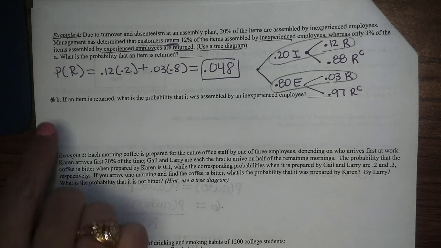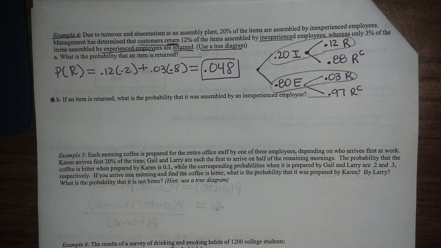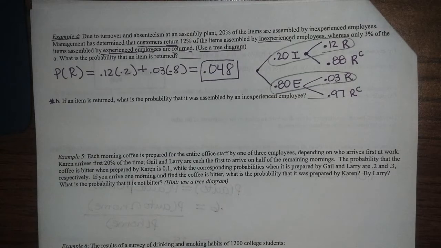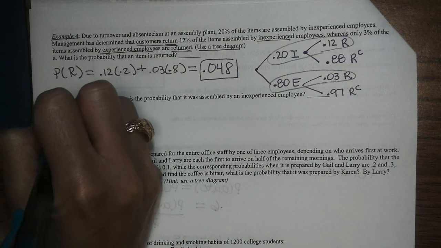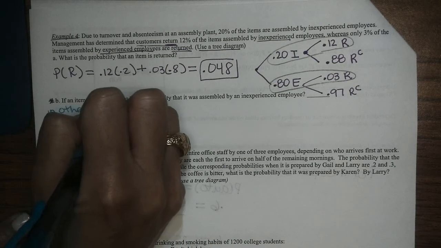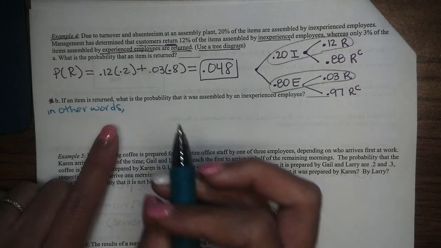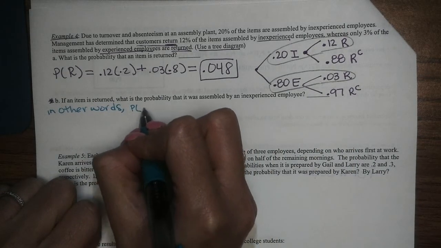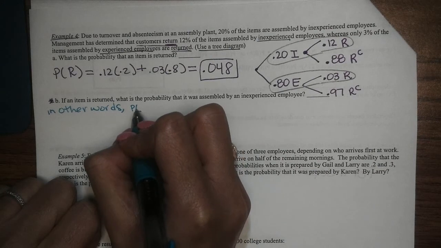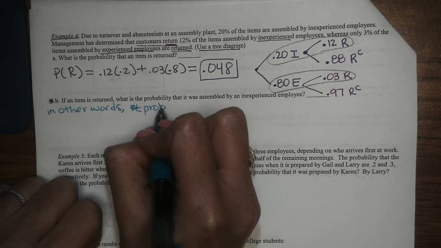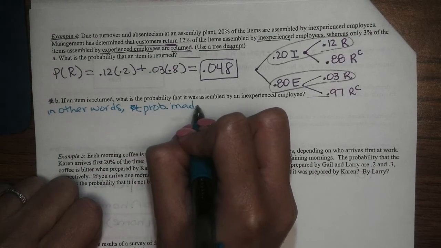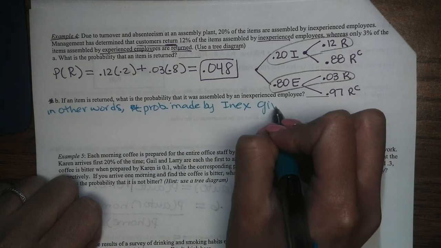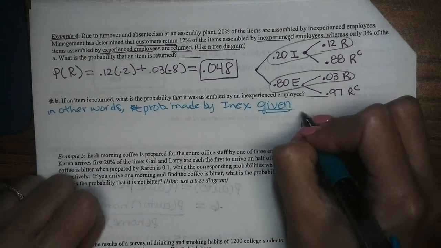But basically, letter B, and I put this in my notes on my answer key, is asking you to find the probability made by inexperience given item was returned.